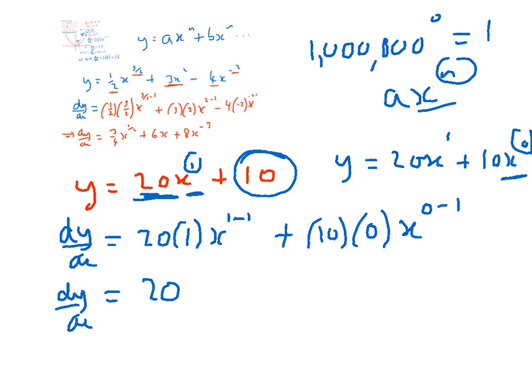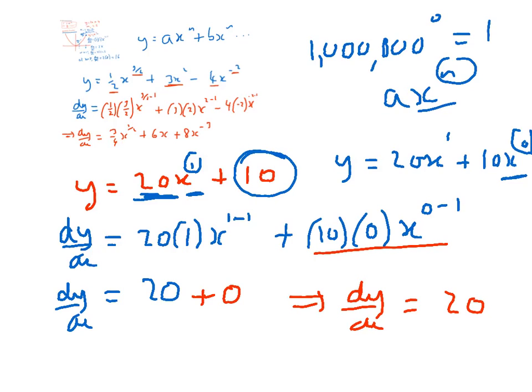And here I have 0 times 10 times x to the minus 1, so anything times 0 is just going to disappear, so that's just 0, isn't it? So dy over dx, as I said before, is just 20, the number without the x.